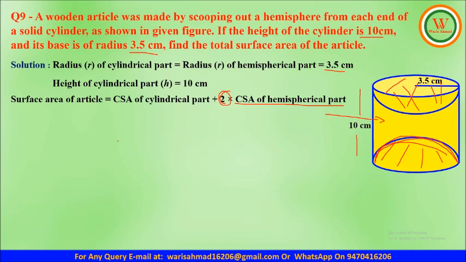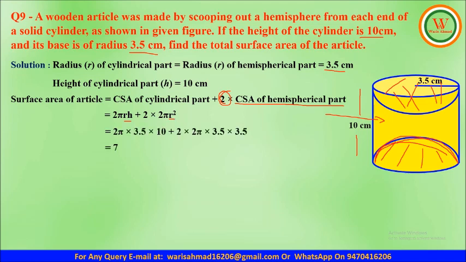After that, we will write the formula of CSA of cylindrical part, that will be equal to 2 pi RH, and then we will write the CSA of hemispherical part also. So here we can write 2 pi RH plus 2 into 2 pi R square. Then we will put the value of radius and height in the very first formula, and in the second formula we can write the value of radius.